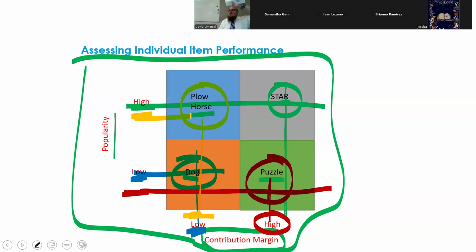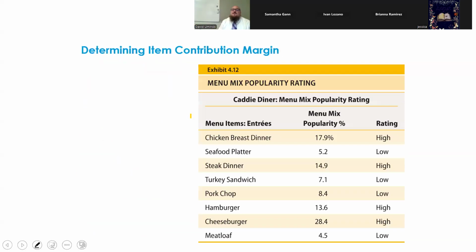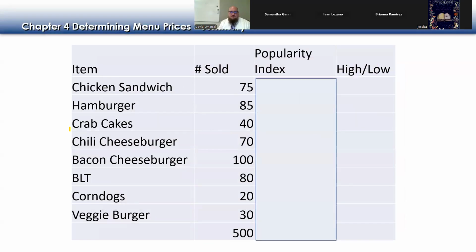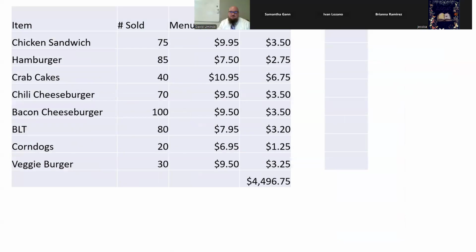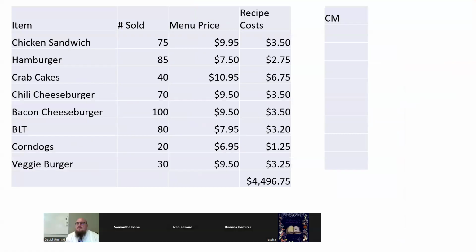Now, let's turn to this document right here. So the first thing we're going to do is our contribution margin. Let me get to that slide. Here we go. So remember, our contribution margin is all that non-food costs plus all of the profit, after the food cost.